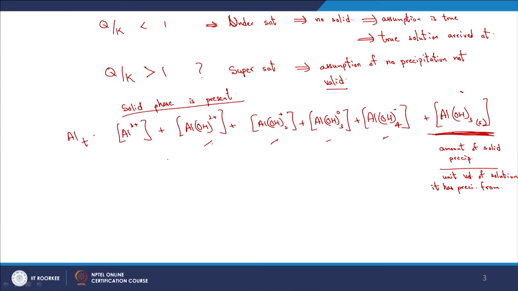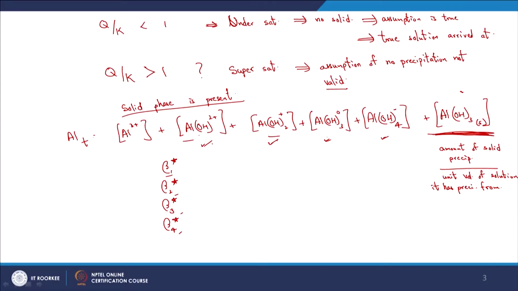So earlier, you can use beta 1 star, beta 2 star, beta 3 star and beta 4 star to express these 4 complexes in terms of Al3+. All these complexes use the constants beta 1, 2, 3 star, which come from your equilibrium constants for the direct and protonated addition of your particular complex formation.